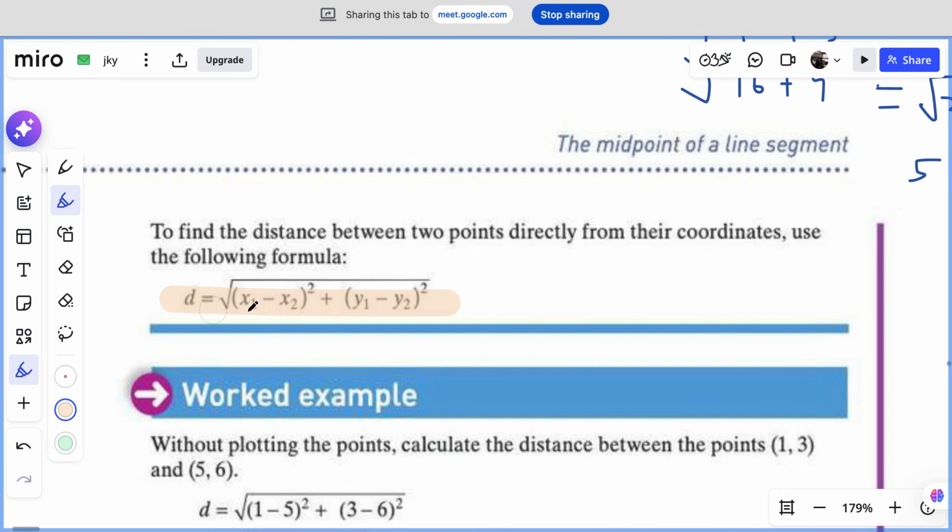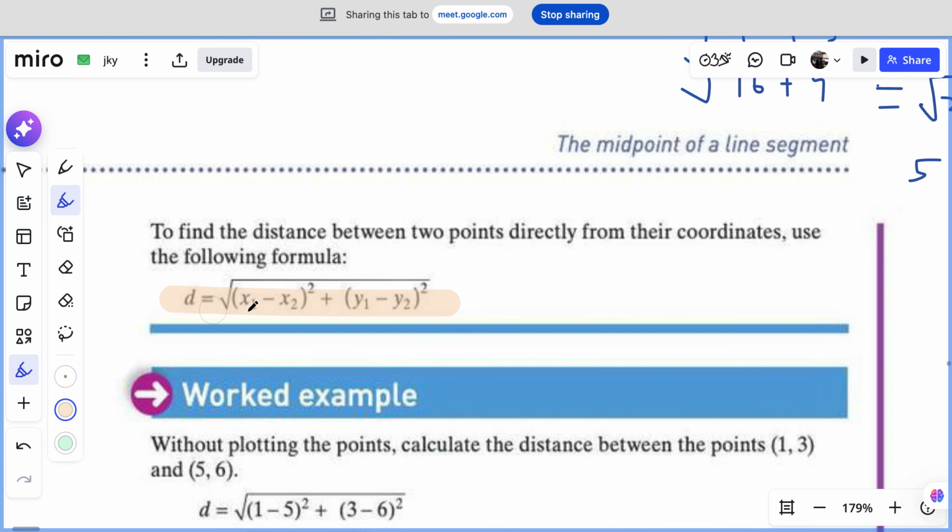This is our y2. Here's our y1? 3. So we're going to say 6 minus 3 squared. They're all under the square root. That would be equal to our distance AB.